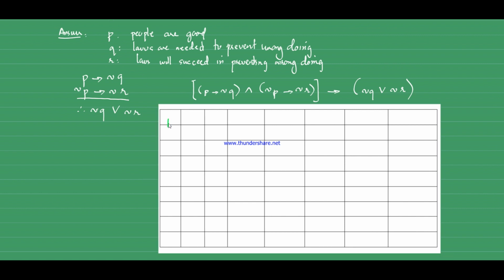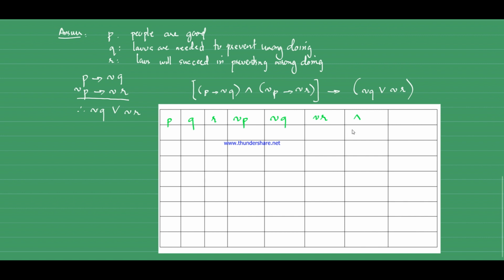Okay, so we're going to have P, Q, R, negating P, negating Q, and negating R. Then we have the conjunction. Then we have a conjunction for negating.